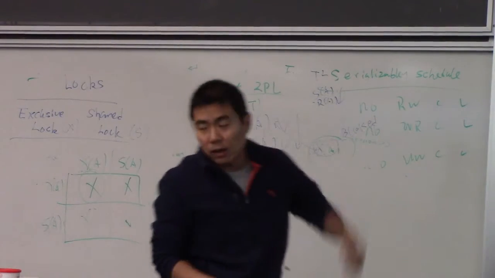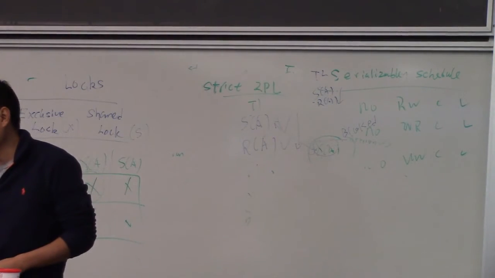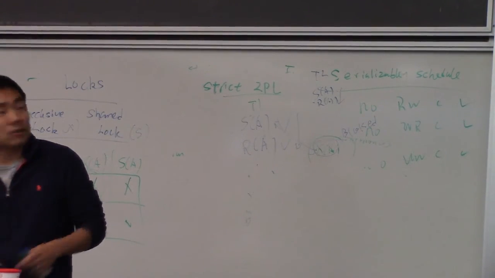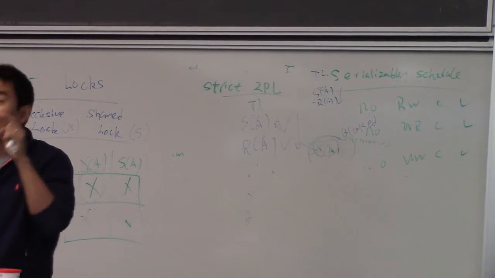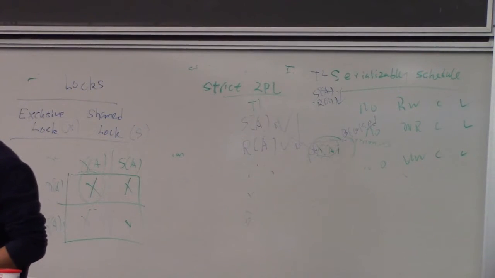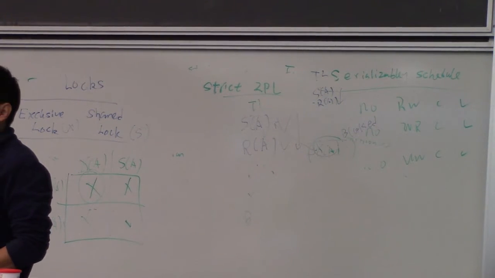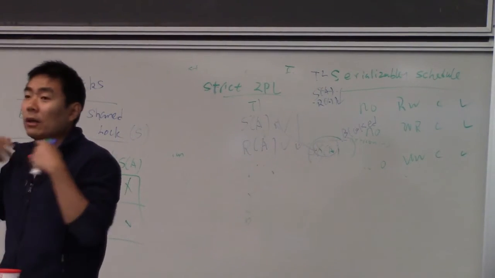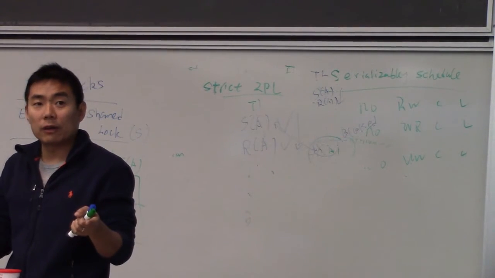In the strict two-phase locking, in the base version of this protocol, it says all locks held by a transaction are released when the transaction completes, meaning when the transaction commits. Either commits or aborts, by the way. When a transaction commits or aborts, you release all the locks you have acquired so far.